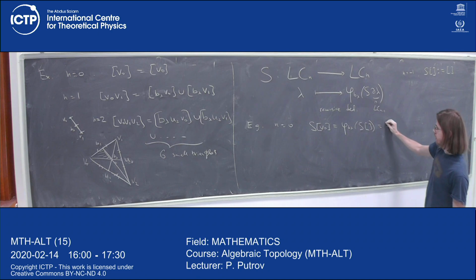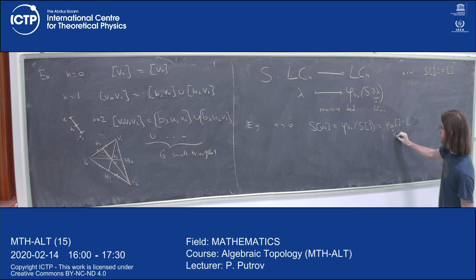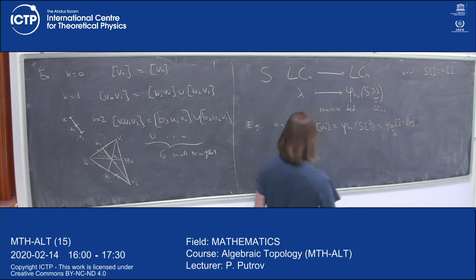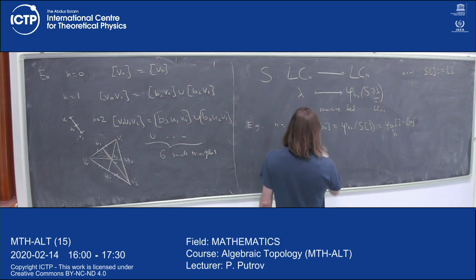This is b lambda of the empty sequence, and b lambda in this case is just V0 itself. So for n equals 0 it also acts as the identity. And this is all.